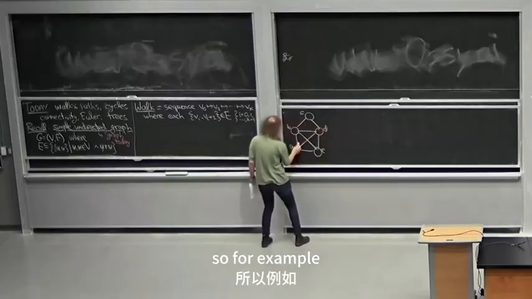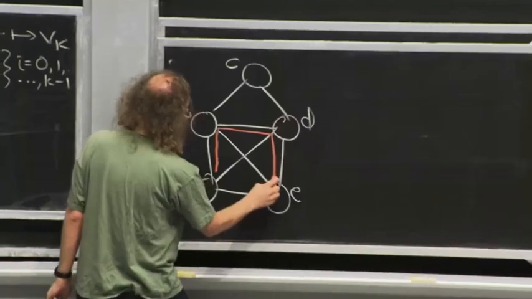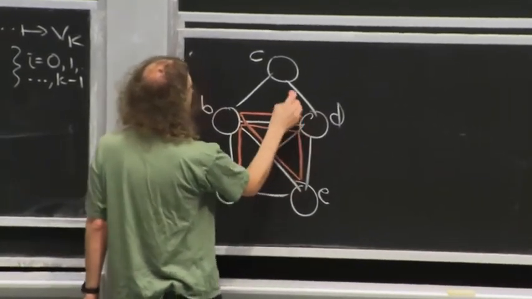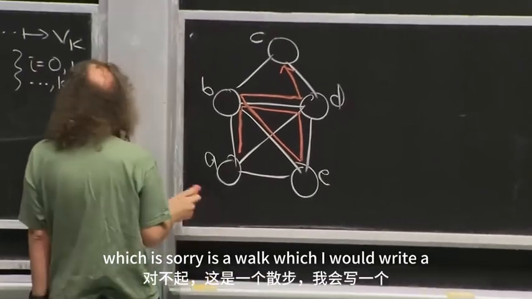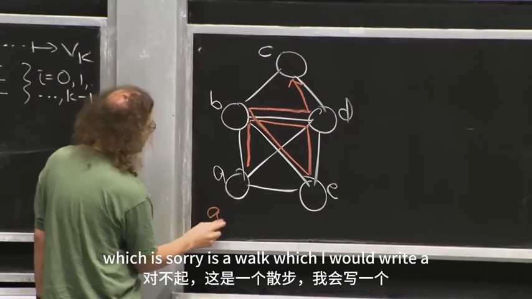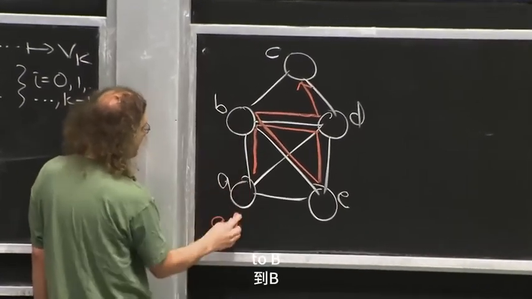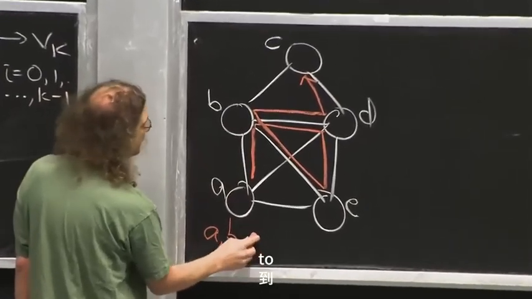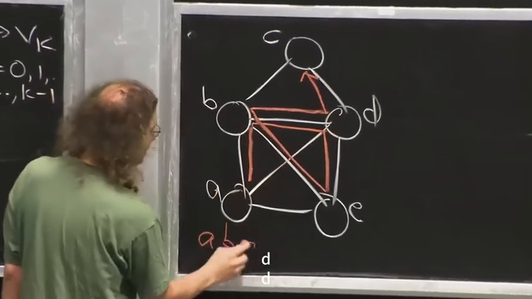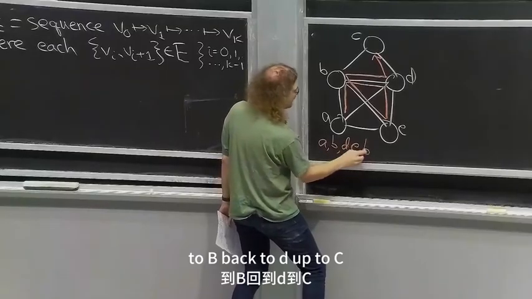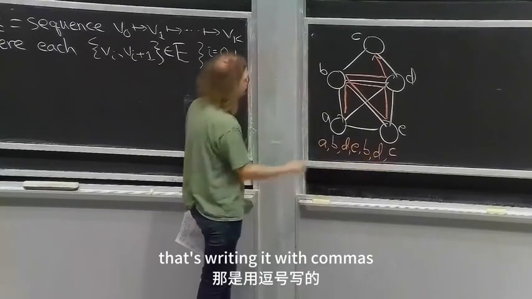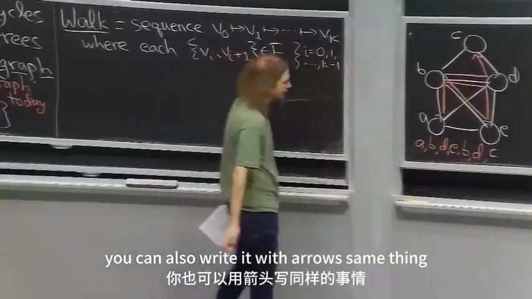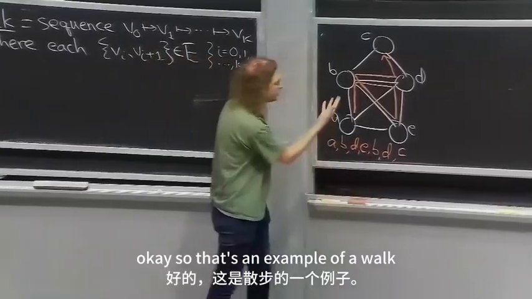So for example, this is a path, which is a walk, which I would write A to B to D to E to B, back to D, up to C. That's writing it with commas. You can also write it with arrows, same thing. Okay, so that's an example of a walk.